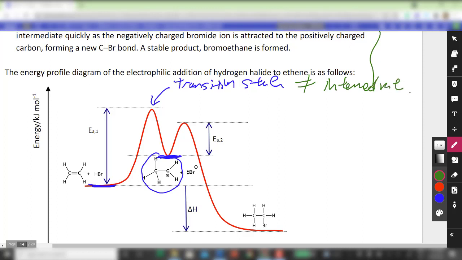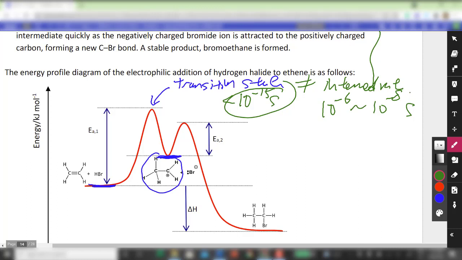Transition states are transient species which occur for less than 10 to the power minus 15 seconds, and this leads on to a new area of chemistry known as femtochemistry, because a femtosecond is 10 to the power minus 15 seconds. Intermediates usually can exist in a time frame between 10 to the power minus 6 to 10 to the power minus 8 seconds. So intermediates can be studied and can be detected in the course of a reaction, but transition states cannot.